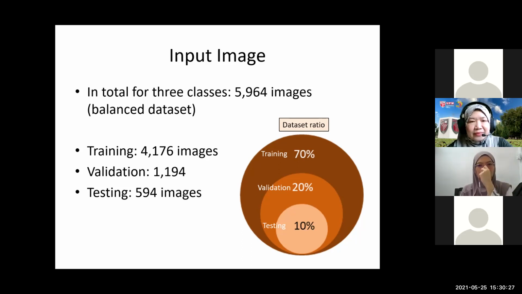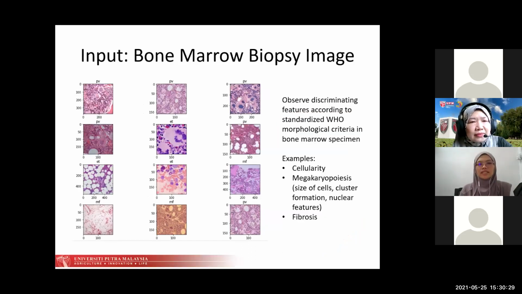Next. This is the input of bone marrow biopsy image. This is the clean image, compared to the poor augmentation, where we have the black padding, the blurriness, and the zoom. It's too focused, so it cannot classify the best features.